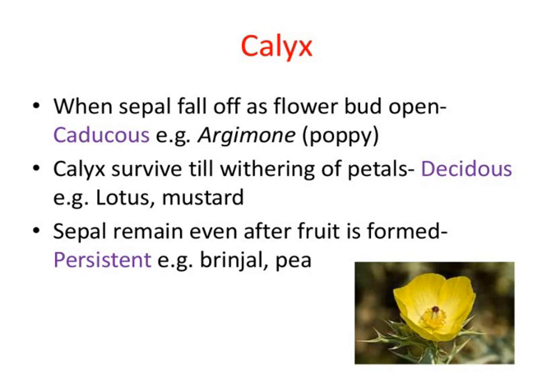So once fertilization is complete, once the ovule is fertilized and converted into a zygote, the petals and sepals can fall away. If a calyx survives till the falling of petals, such a calyx is called deciduous calyx.